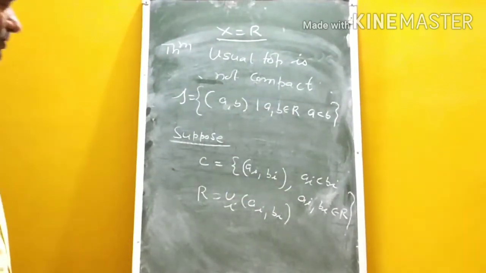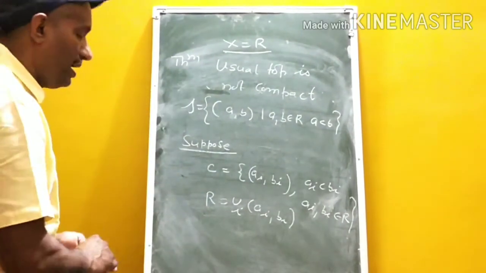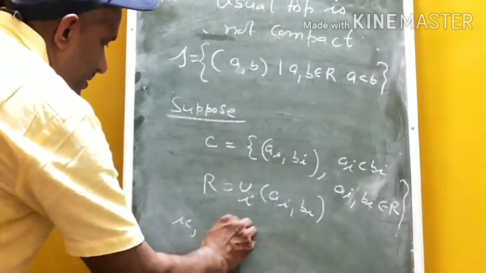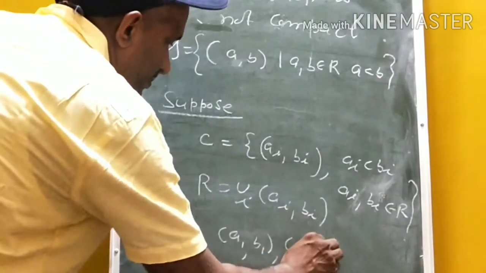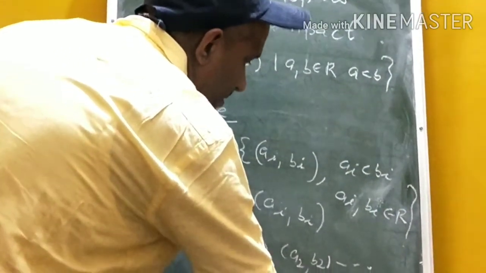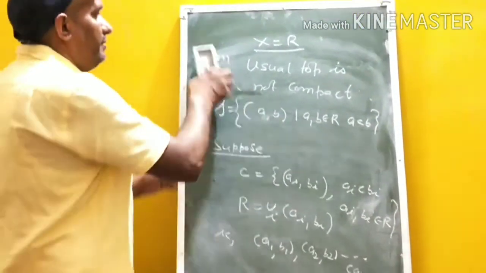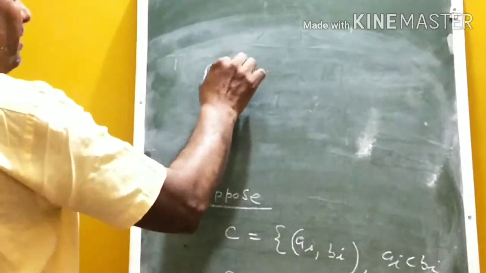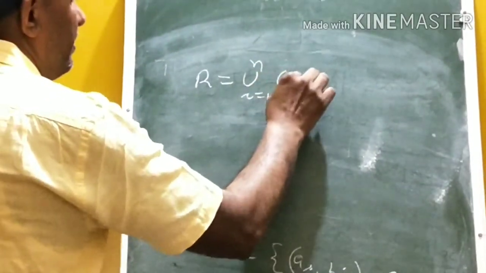Now we show that R has no finite subcover. Suppose R has a finite subcover, that is, (a1, b1), (a2, b2), and so on, (an, bn) is a finite subcover of R. Then R can be written as the union over i equals 1 to n of (a_i, b_i).